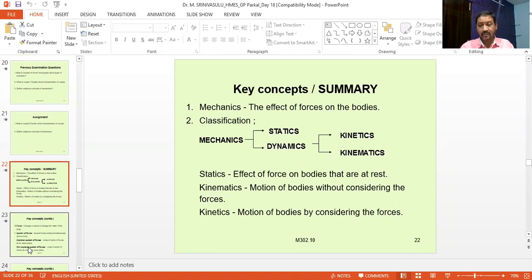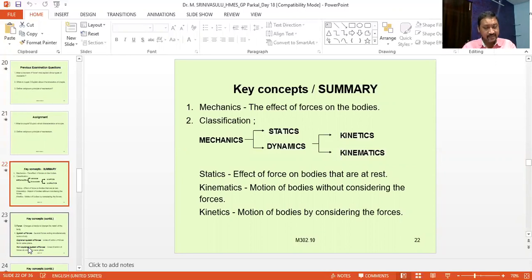First we studied mechanics. Mechanics deals with the forces and their effects on bodies which are at rest or in motion. And mechanics can be classified into statics and dynamics, and dynamics is further classified into kinetics and kinematics.